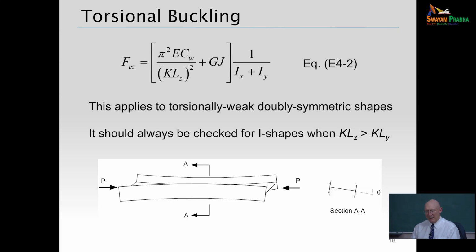So how can we have KLZ greater than KLY? Let's suppose we want to brace against weak axis buckling at the mid-length that you see here in the sketch below. We're just going to attach some rod bracing into the center of the web to provide that lateral bracing.